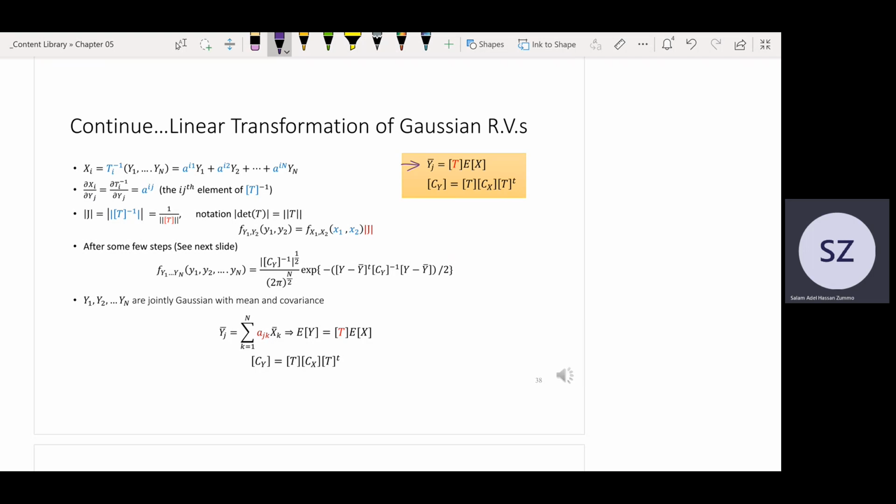The mean of Y will be T multiplied by the expected value of X. And the covariance matrix of Y will be the transformation matrix multiplied by the covariance matrix of X multiplied by the transformation matrix transpose. This means transpose.